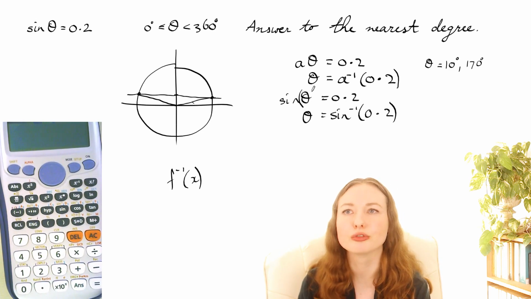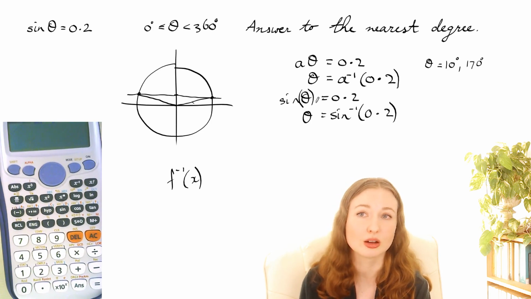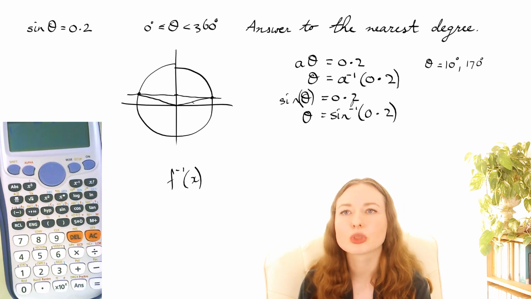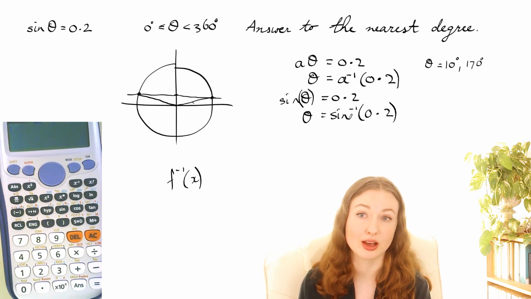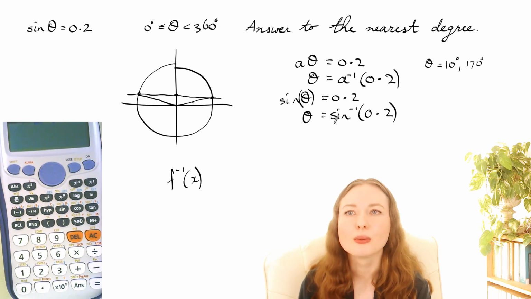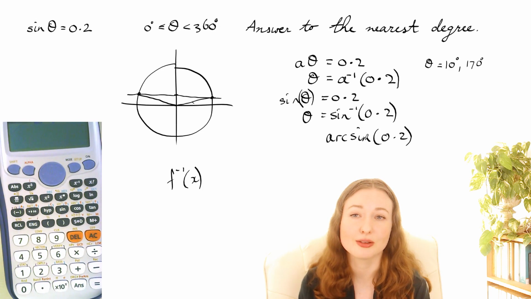It's sine of theta, not sine times theta. They use this notation because it's analogous to this, but it doesn't actually mean 1 over sine. It's sometimes called arc sine, so you might see it written as arc sine of 0.2, or it's also sometimes called inverse sine.